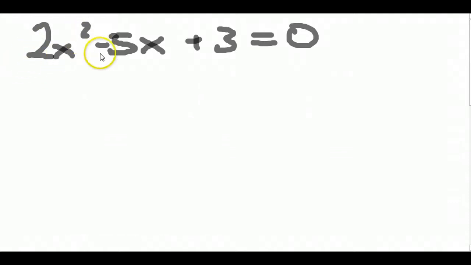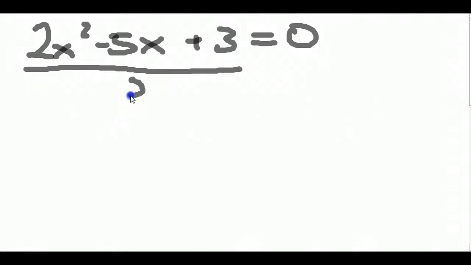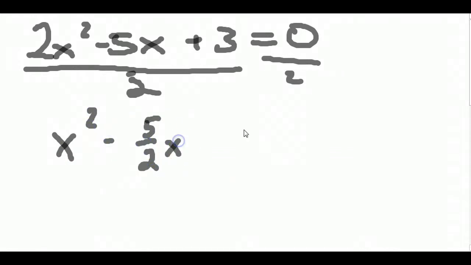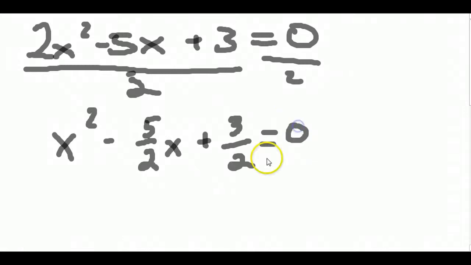The right side is still going to be 0. We get x squared minus 5 halves x plus 3 halves equals 0.